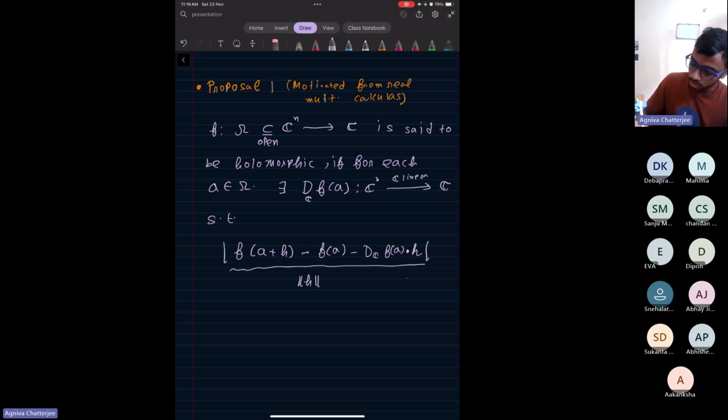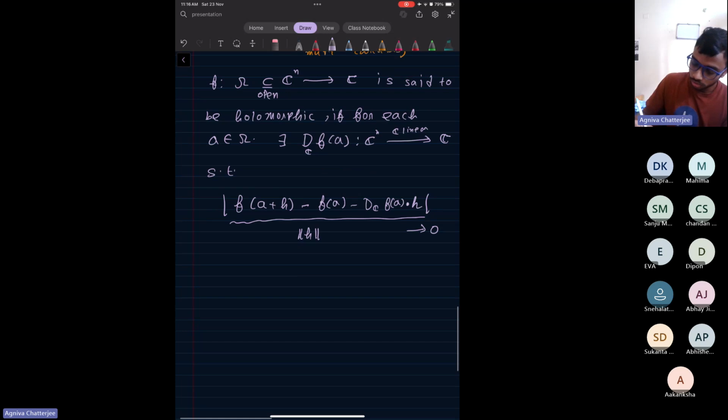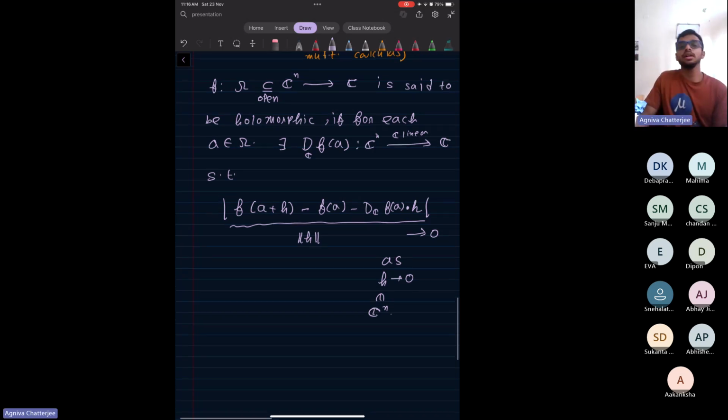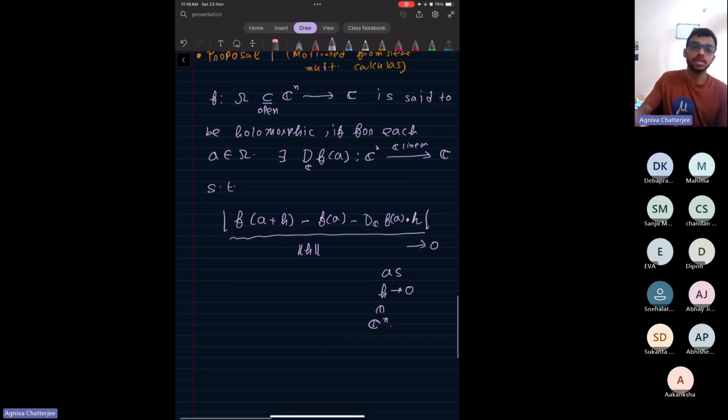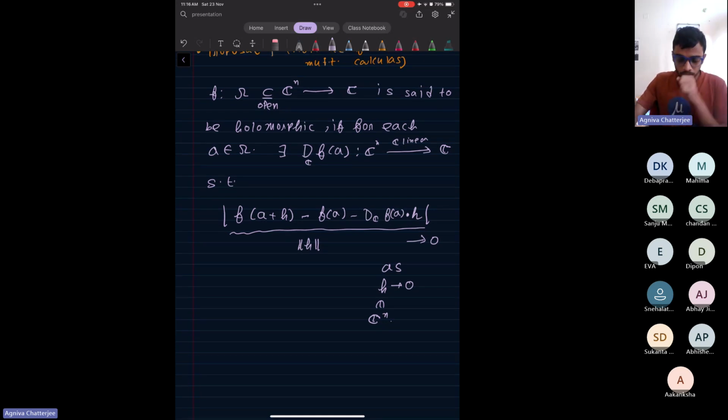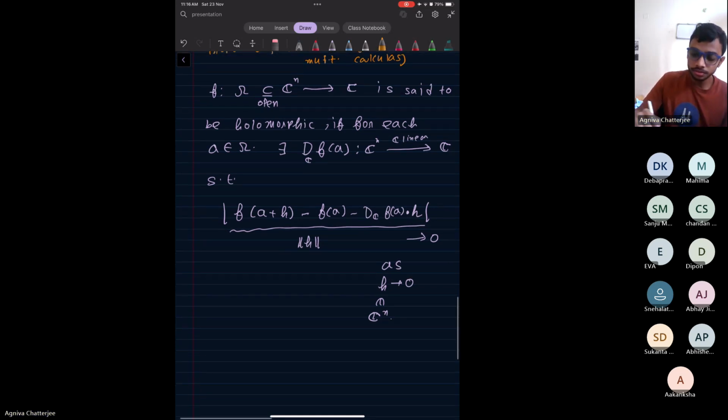This quotient goes to 0 as h tends to 0, just to be sure, h is in Cn, by the way. I think you believe this definition is exactly what I have just mimicked from real multivariable calculus. All right.